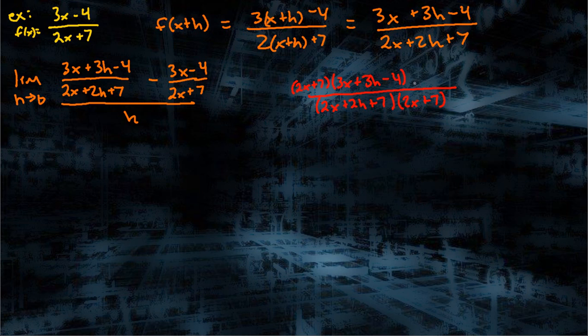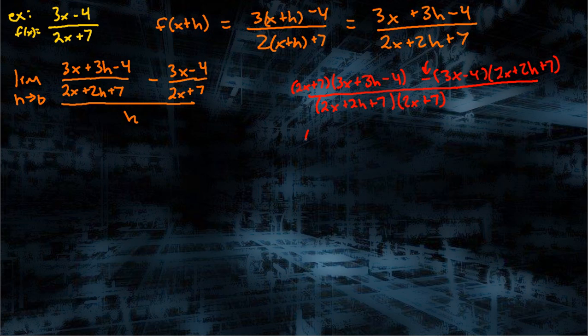Yes, these can take a while. So minus, we're going to want to be very careful with that minus right there. So this is missing the 2x plus 2h plus 7. And we're going to multiply that all out.